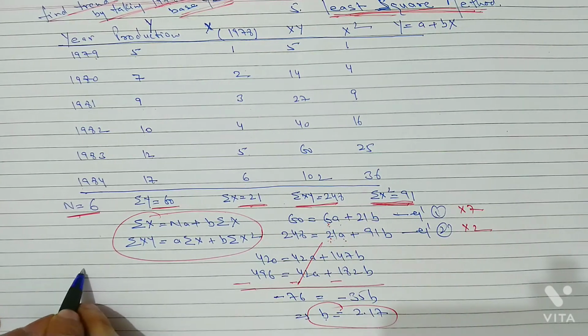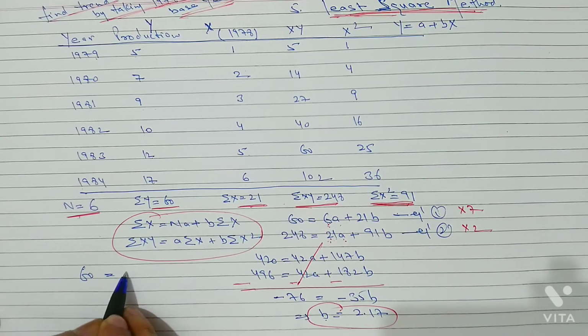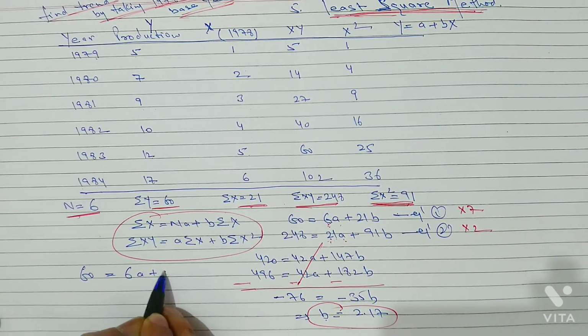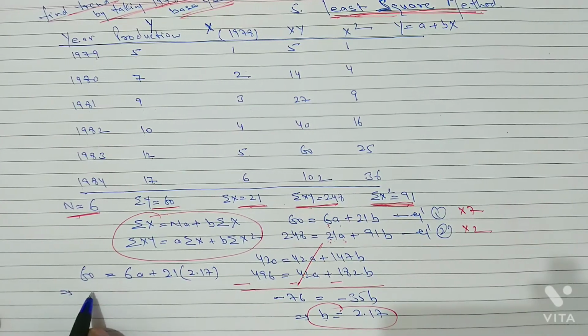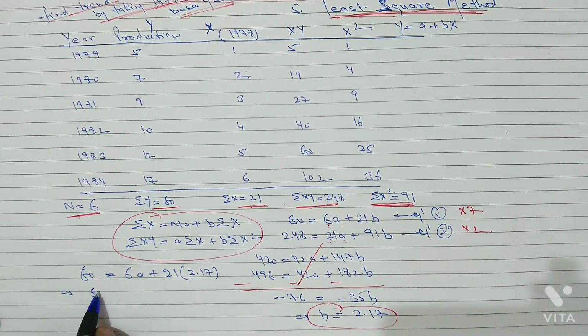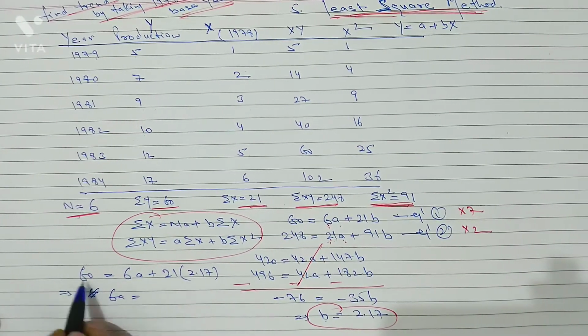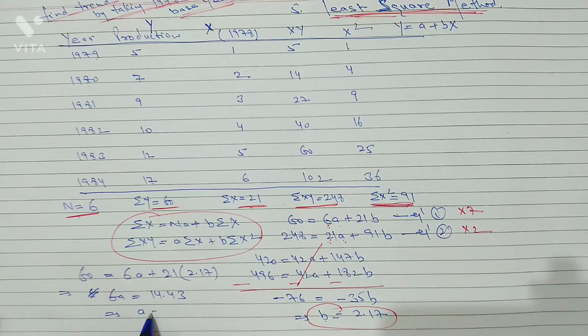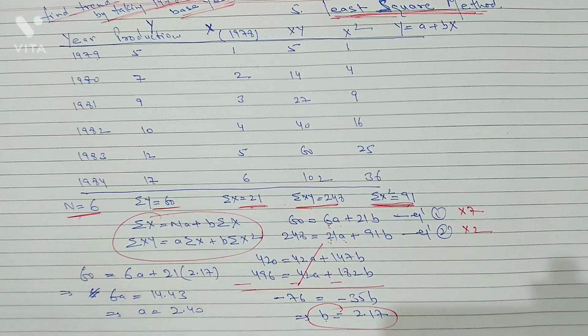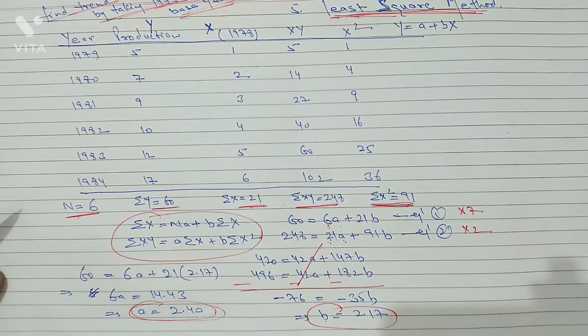We get 60 equals 6a plus 21 into 2.17, which implies 6a equals 60 minus this, which gives a equals 2.40.